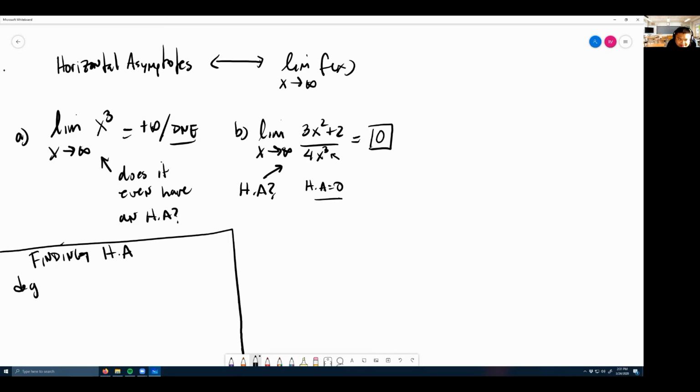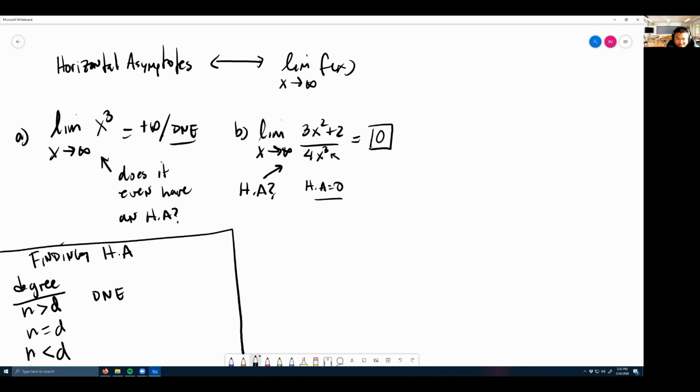Remember, we're talking about the degree. The degree of the numerator can be greater than the denominator, they can be equal, or the degree can be less than. Okay. The degree of the numerator being greater than the degree of the denominator: does not exist.